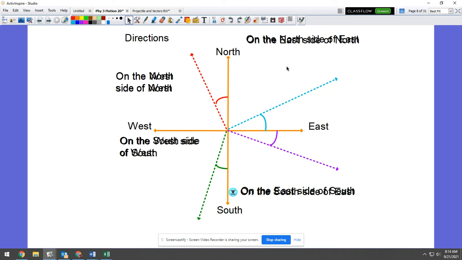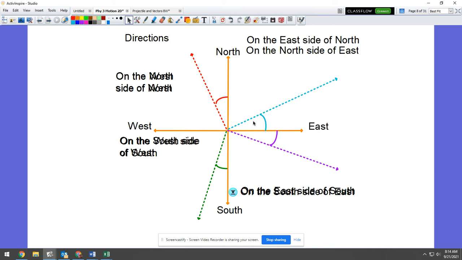Let's focus on this blue one. And clearly, the direction words are north and east. But the question is, we don't want to just say this is to the northeast, because that's not specific enough. Saying 25 degrees northeast doesn't help us. We have to decide, is this blue arrow on the east side of north or the north side of east?